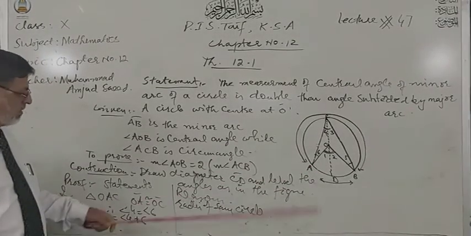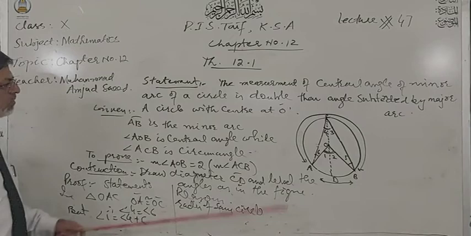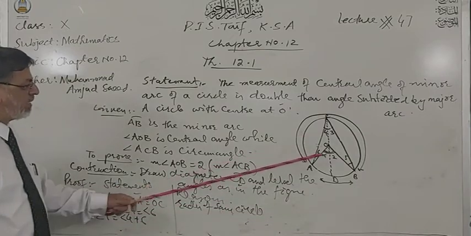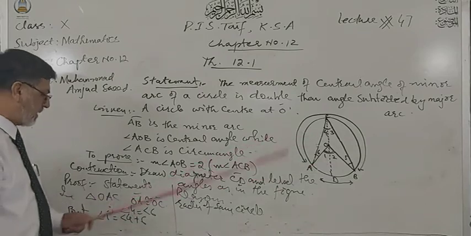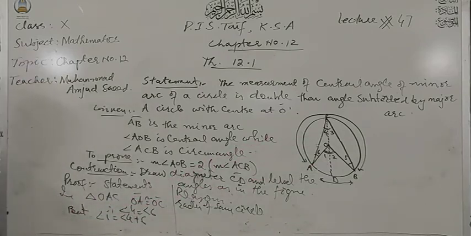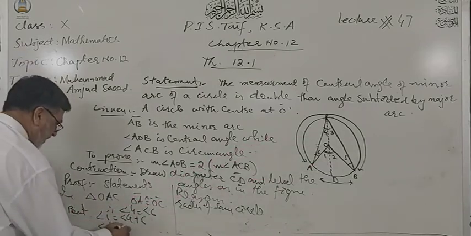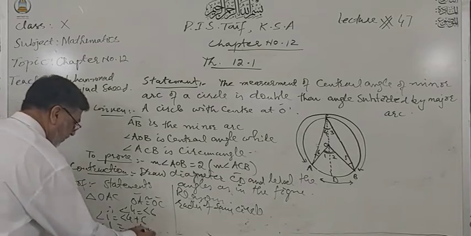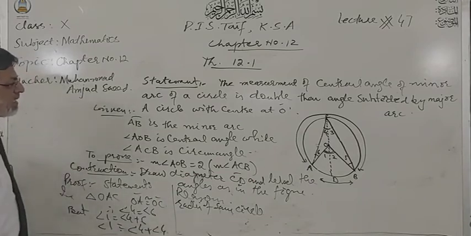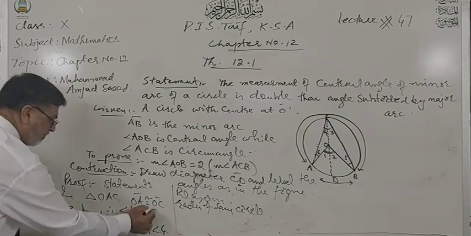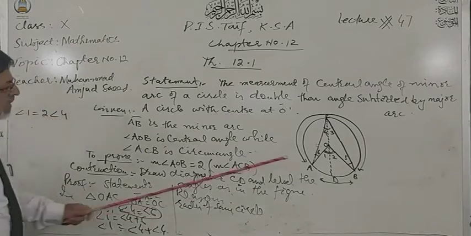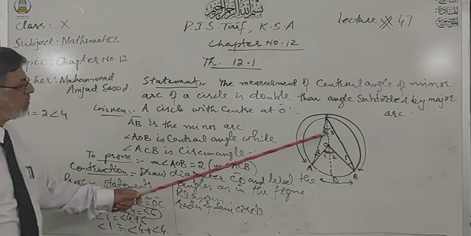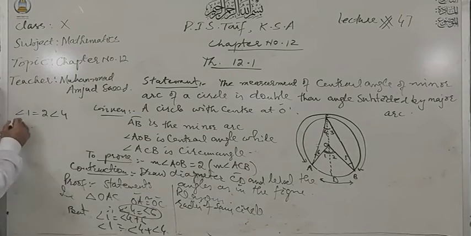Actually angle 1 is greater than angle 4, but angle 1 is equal to 4 plus 6, as a corollary. Since angle 6 is equal to angle 4, angle 1 is equal to 2 into angle 4.